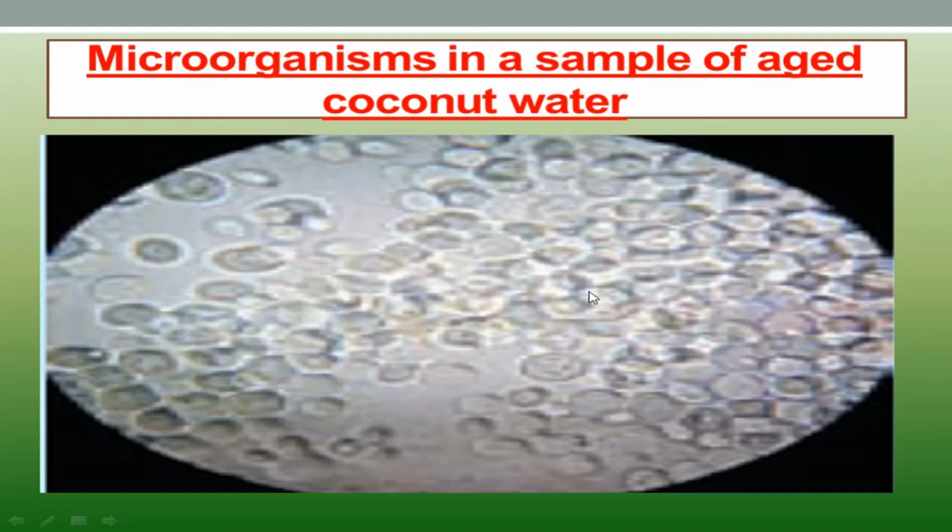Right, today we have learned something relevant to microorganisms. Now we have learned what is meant by microorganism. Microorganisms are unicellular or multicellular organisms that cannot be seen with the naked eye when taken individually.